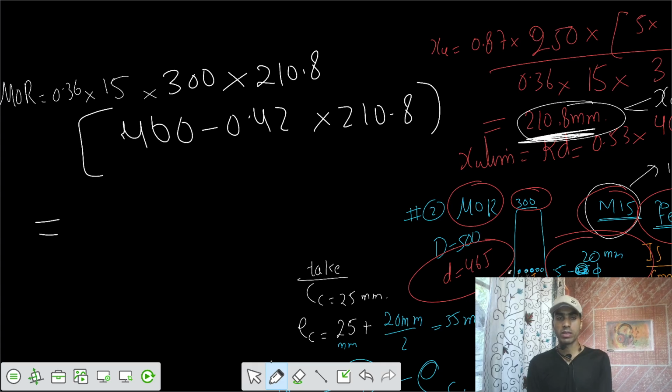Solving, we get the moment of resistance equal to 129 kilonewton meter.